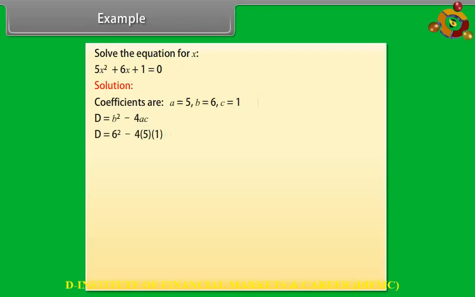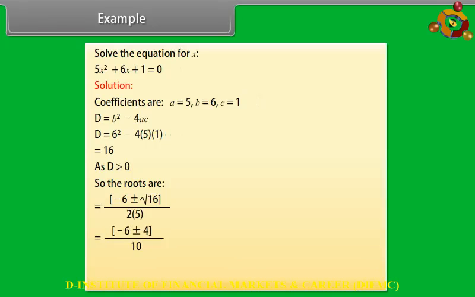D = 6² − 4 × 5 × 1 = 16. As D is greater than 0, the roots are x = (−6 ± √16)/(2 × 5) = (−6 ± 4)/10. On solving, we get x = −1 and x = −0.2.